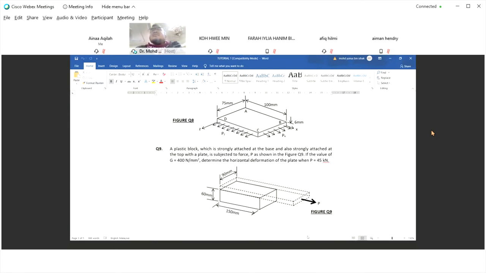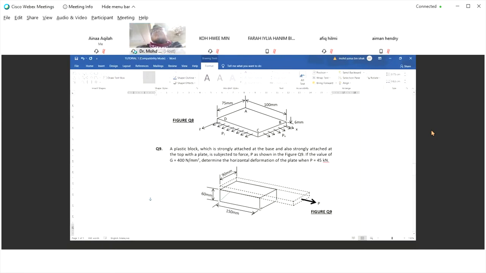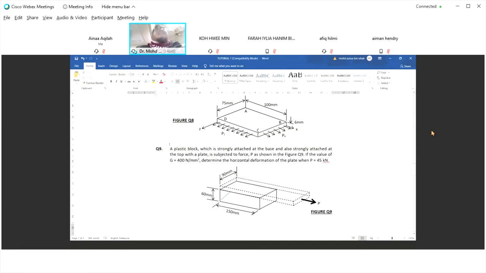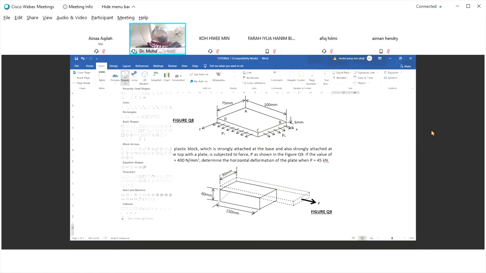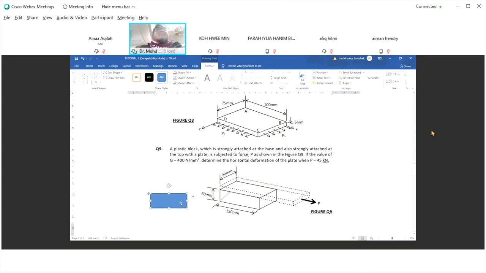Okay, so they ask you to determine the value of this one. Can you take out your buku latihan?